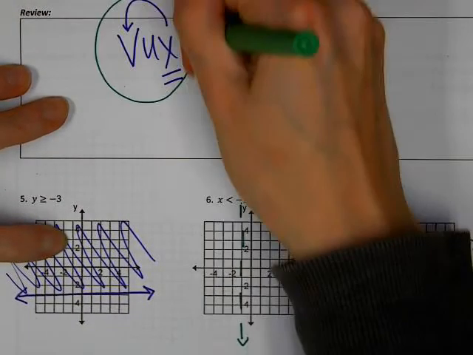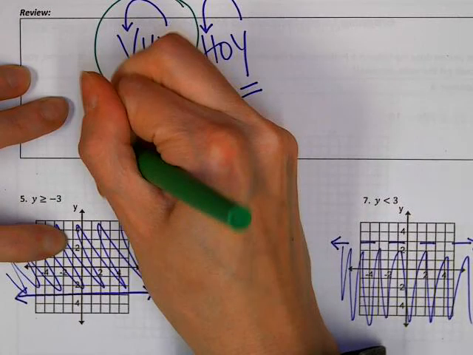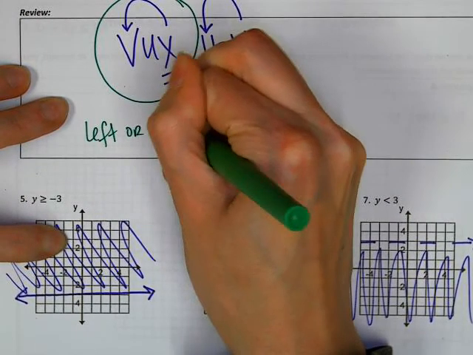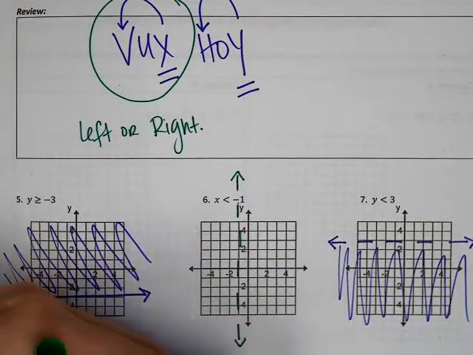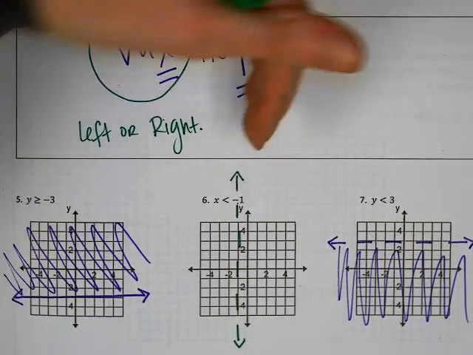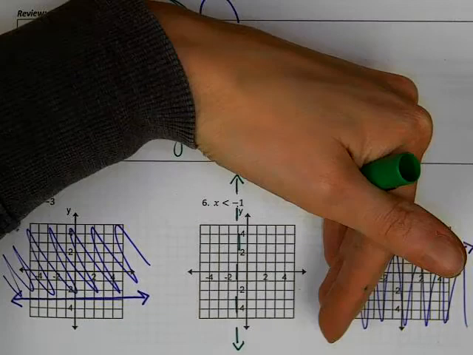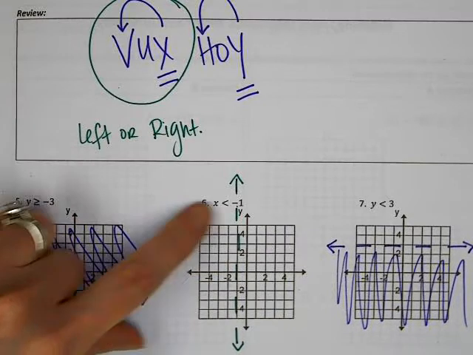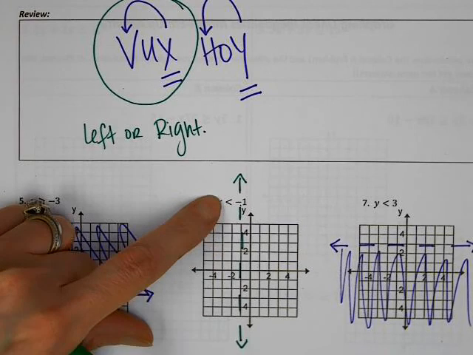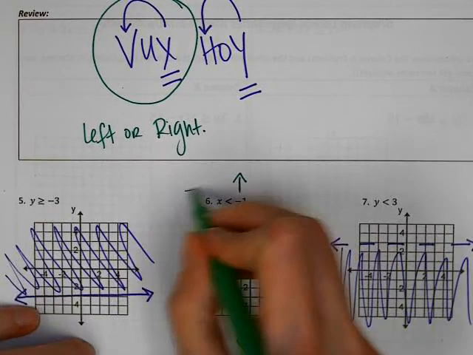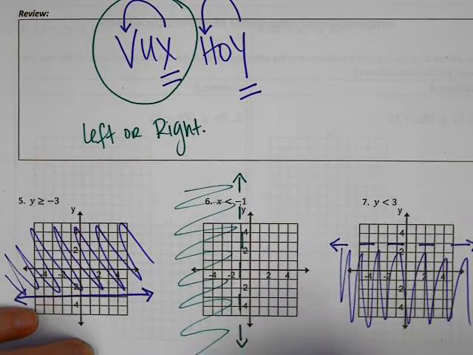Instead of up and down, it becomes left or right, because you can't really shade above or below a vertical line. You can shade left of it or right of it. So in this case, when it says less, that means you shade in the direction of the arrow, so you're going to shade to the left.